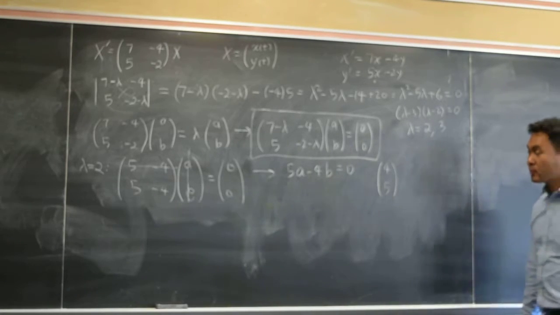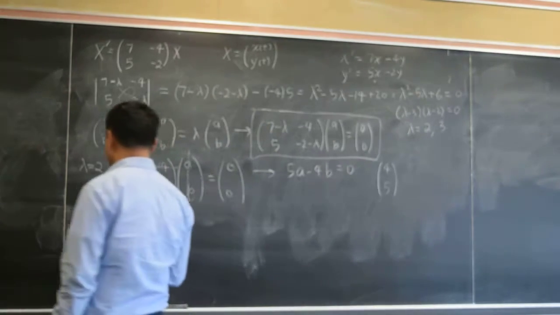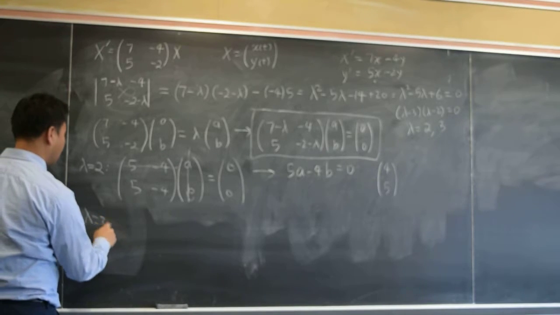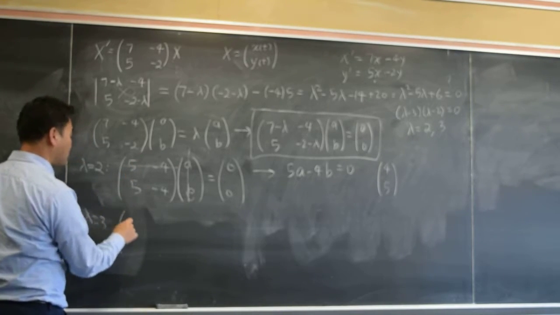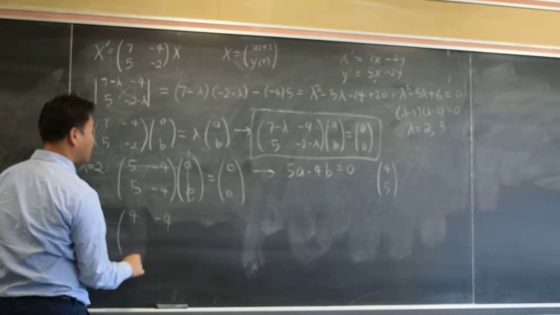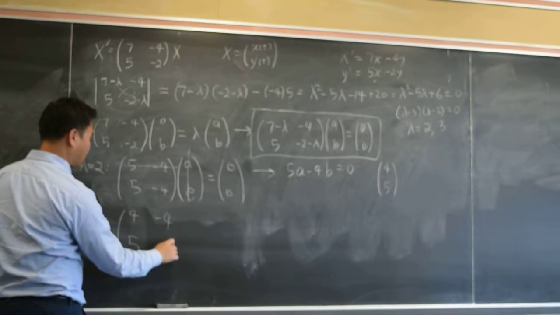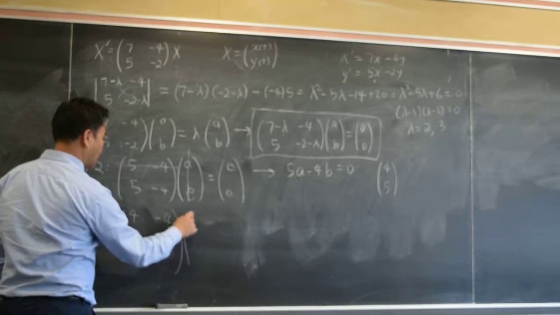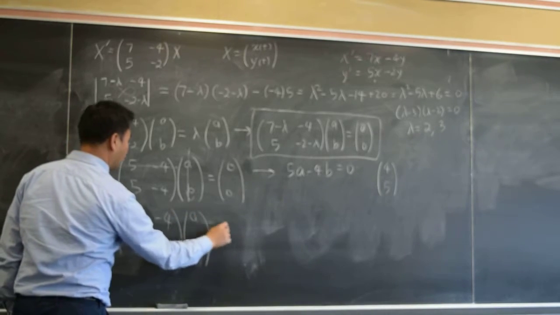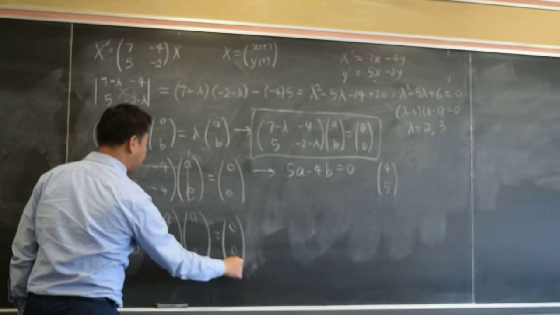Okay? Let's do the same thing for lambda equals 3. This time 7 minus 3 is 4, negative 4, and then 5, and this one will be negative 5, times (A, B) equal to 0.